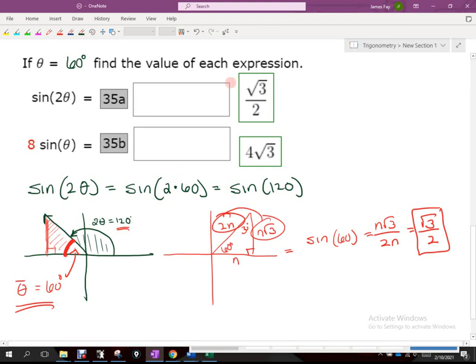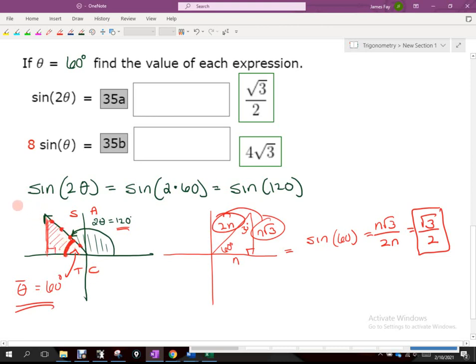So, in this situation, our sine of 120 and our sine of 60 are going to be identical, but we have to pay attention to the plus or minus. Is the sine of 120 positive or negative? It's positive, because it's in the second quadrant. Because remember, the sine is the y value of any point on that terminating ray divided by the length of that terminating ray, right?